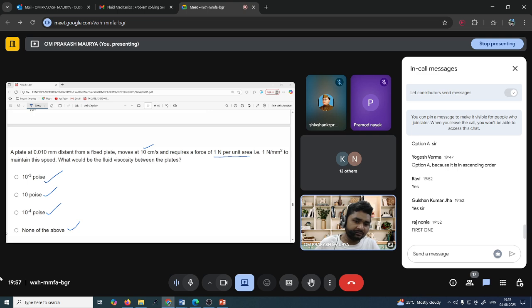First think on the concept: when you have a very small distance between the plates, what will be the conditions and which formula will you apply here? This also you need to remember.